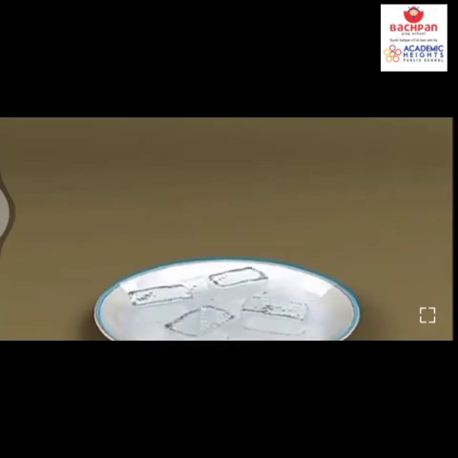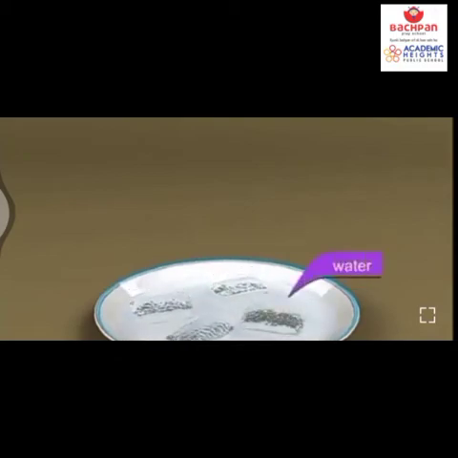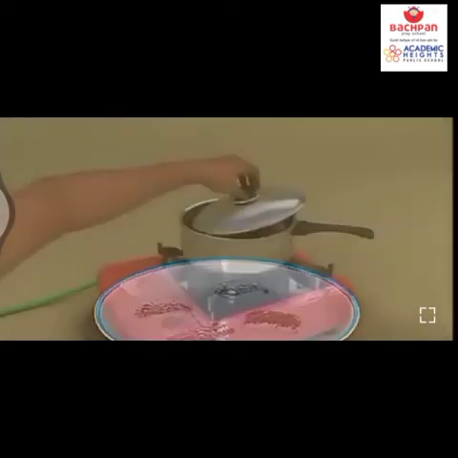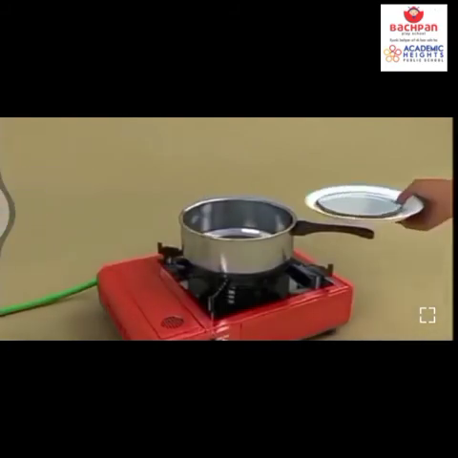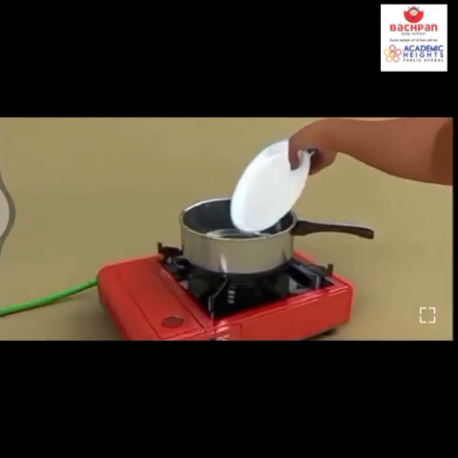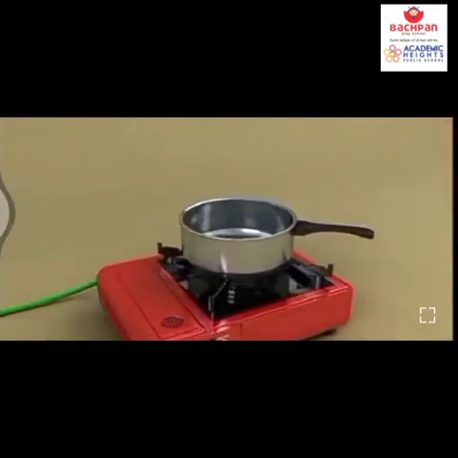Dear students, see, on a plate I have some ice cubes. If I keep these ice cubes outside, these ice cubes, which are in solid form, will change their form and turn into a liquid state, and this liquid state is known as water. When I heat this liquid, it turns into vapor, and when the heat starts rising up, it turns into a vapor.